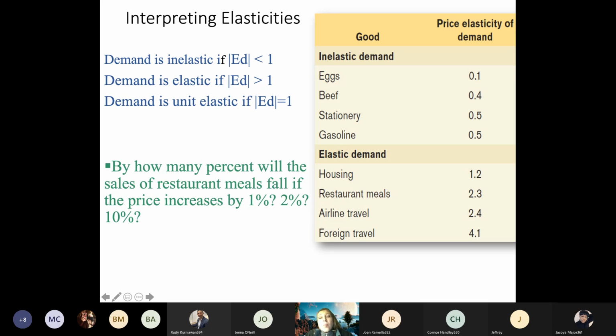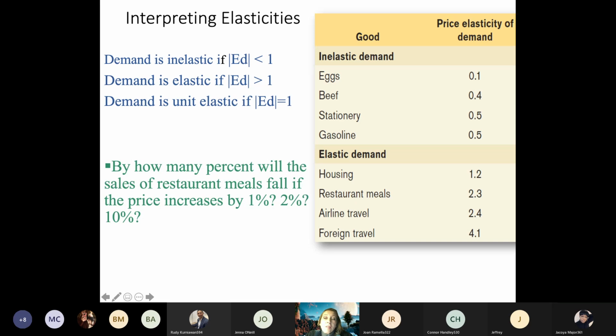So you can get people to buy more if you reduce the price. So if, let's say, the price of airline travel goes down by 10%, by how many percent will sales increase in this case?